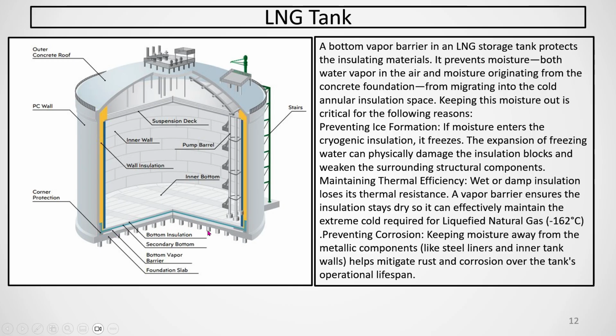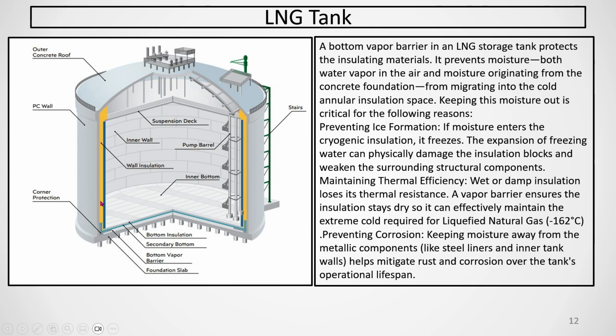Similarly, the ground floor is also subject to this. You see the inner bottom, then the secondary bottom also. Then vapor barriers are there. After the vapor barrier, concrete supports are there. In the concrete, there may be some moisture, and that moisture can come through and reach the insulation material.